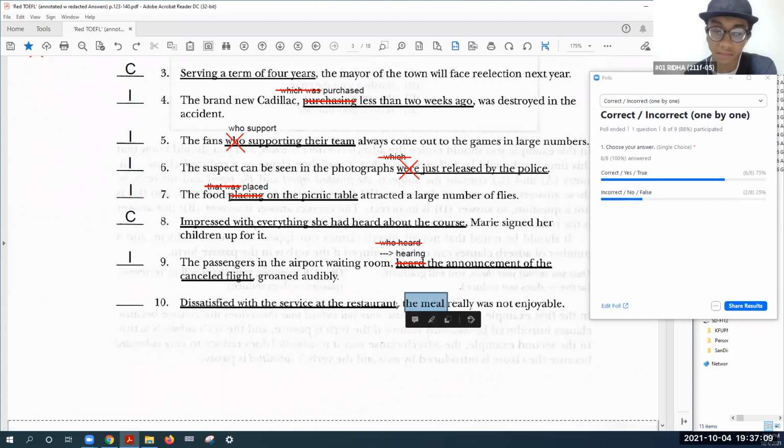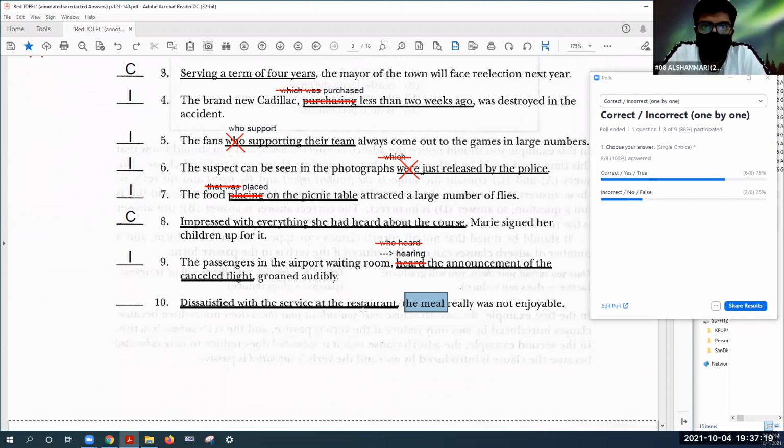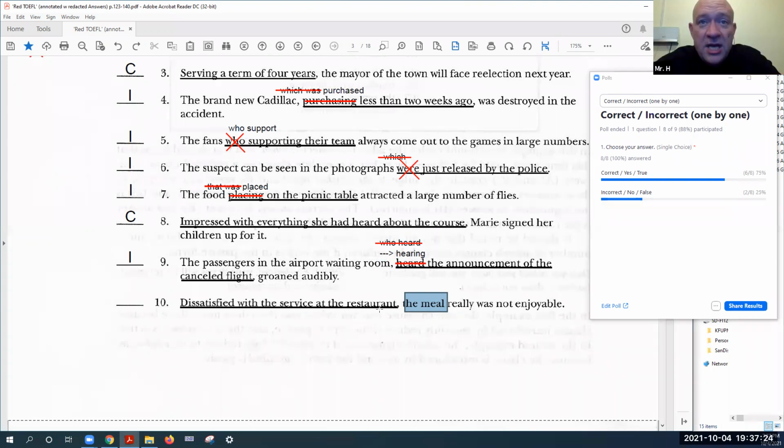Now, if I put the meal at the beginning, the meal, comma, dissatisfied with the service. Yeah, the connector. Which connector? Which. Okay. So the meal, comma, which was dissatisfied.